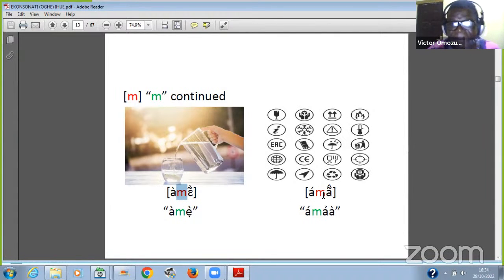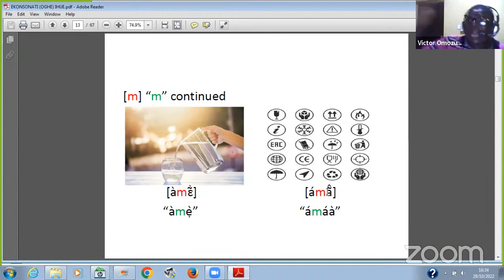And then you have the same phenomenon in Ama, as you have in the picture of symbols there. That is Ama. You can see the tone.